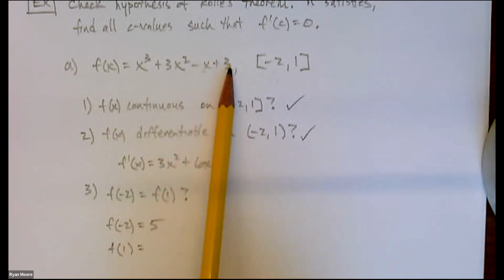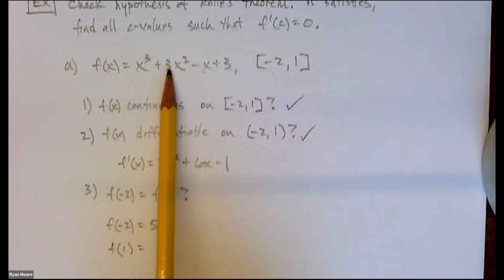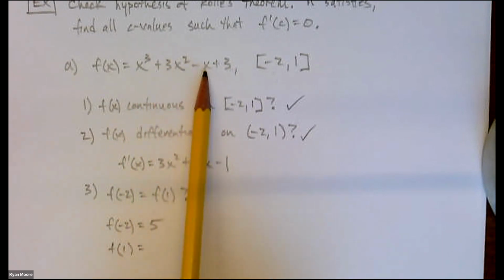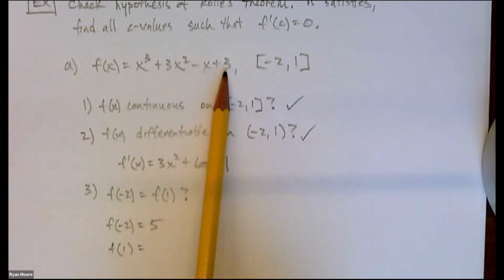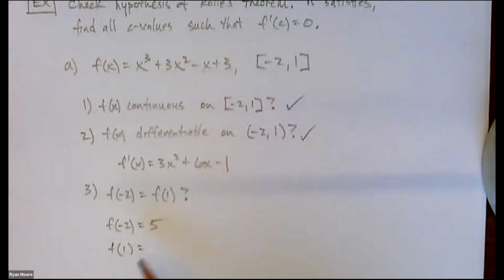Wait a second. Is this really right? 1 plus 3 is 4, minus 1 is 3. Wait a second, this is supposed to work. What happened here?